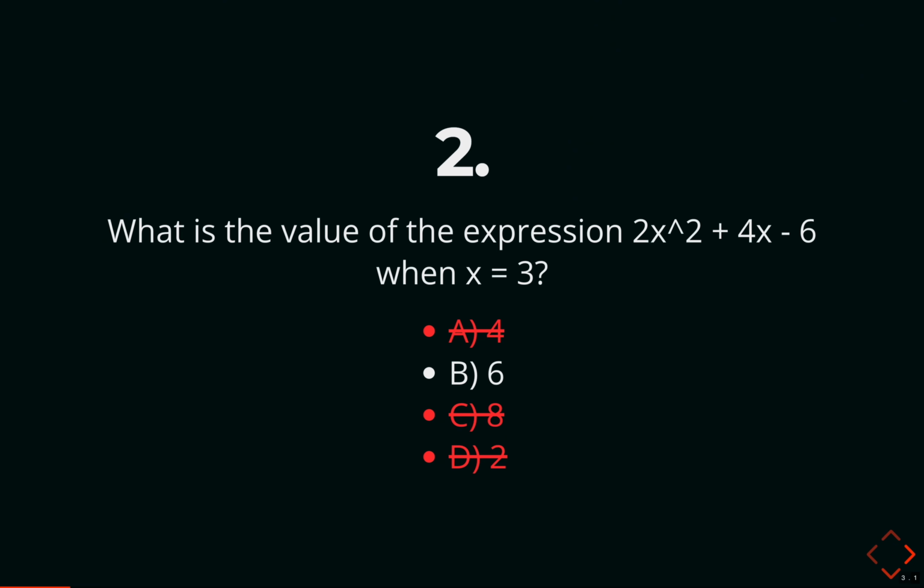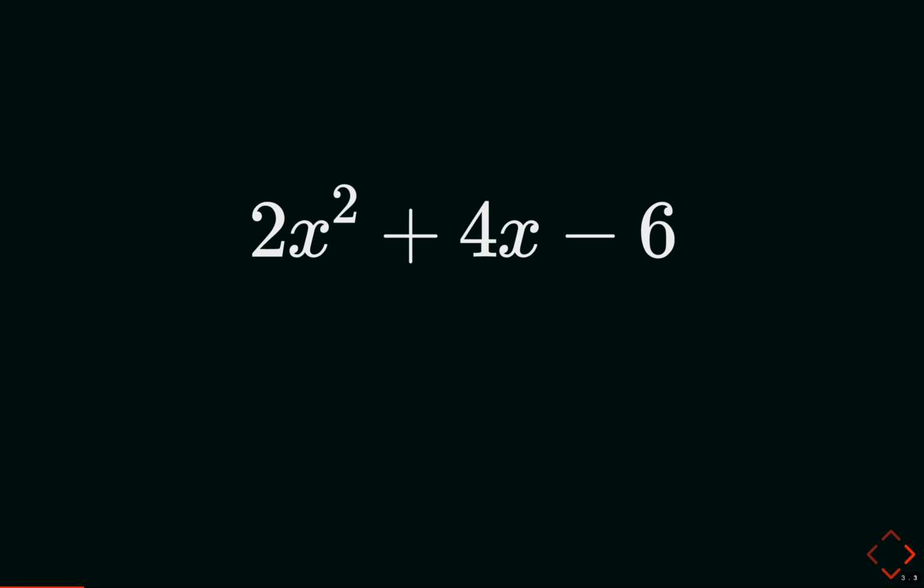To solve the problem, we will substitute 3 for x in the expression 2x squared plus 4x minus 6. Here we substitute 3, and here's our equation.